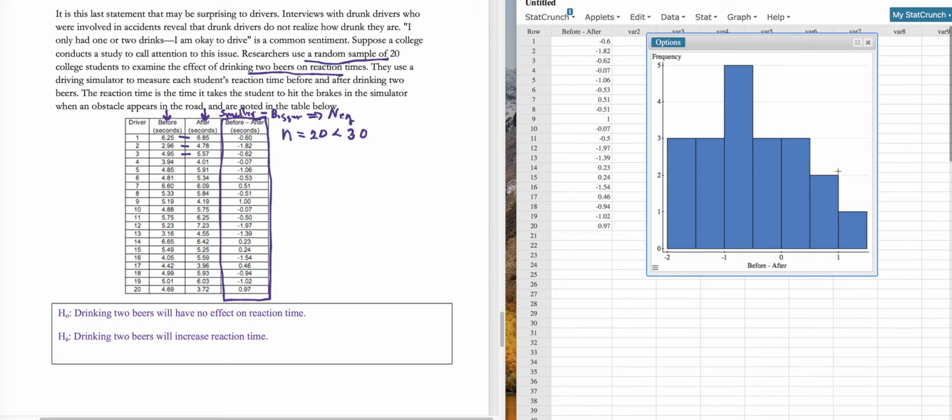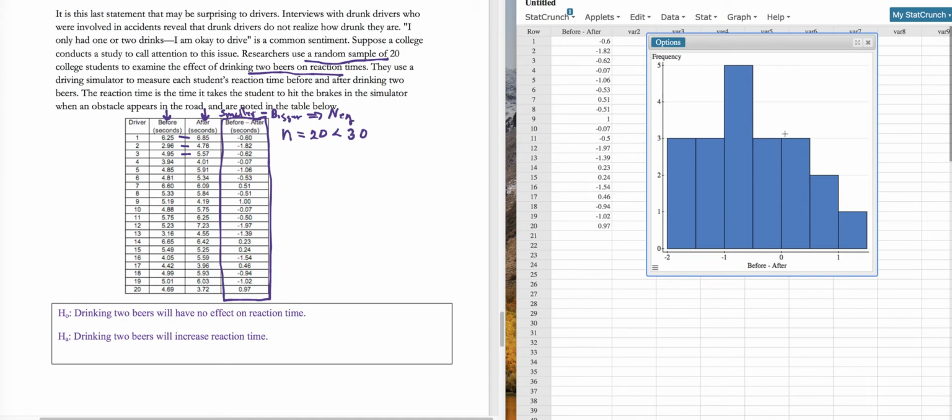I know it's a little bit skewed to the right, but it's not highly skewed, and there are no outliers. So we are going to go ahead and proceed, and we'll talk about this criteria a little more in step 2, where it comes in our hypothesis test. But really, you would always want to check for that first, just to make sure you should even proceed and you don't waste your time if you shouldn't.